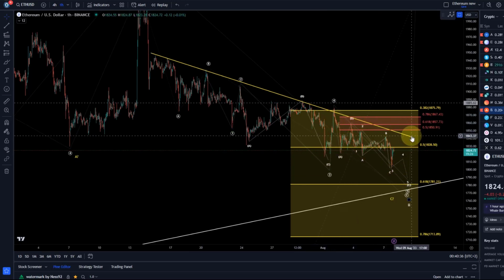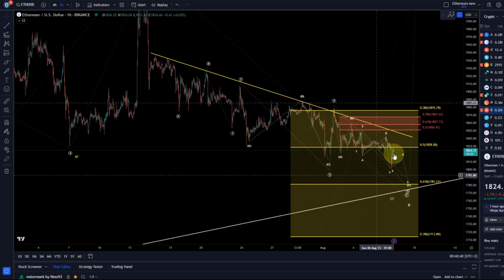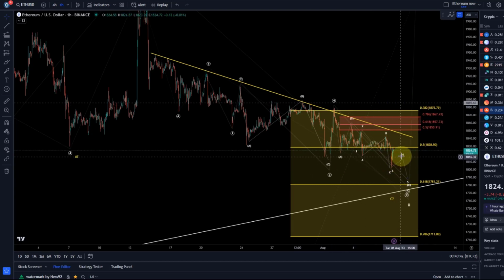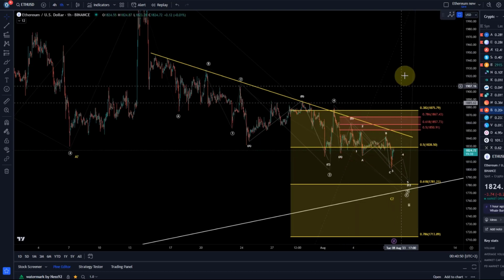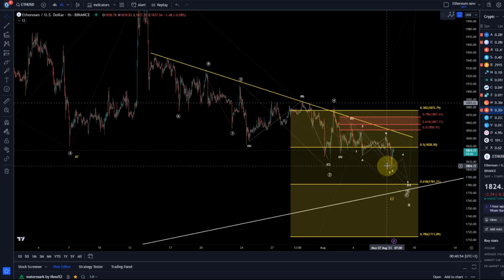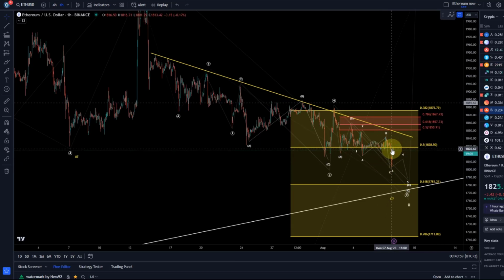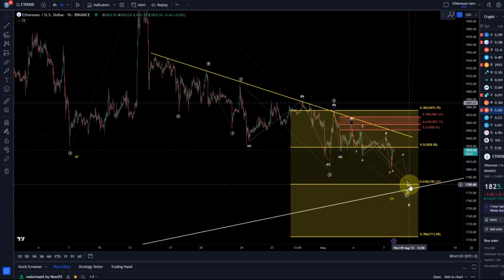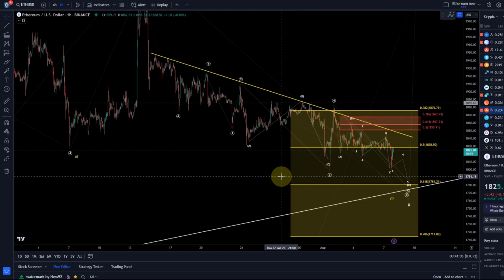A break above it would potentially have bullish implications. We're now in the region where at any point that rally could start, and it's exactly what we want to see. At some point, we want to see that trend line break. From my point of view, it can go up from here, but I just haven't got any evidence yet. The 1780 level would still be the ideal target for me.